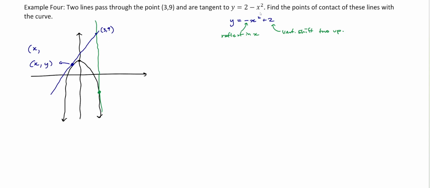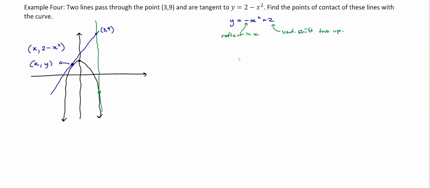Instead of writing y, I can just write 2 minus x squared, because that's what y is on this parabola. If I want to find a point on the parabola, I sub in an x value, and it will generate that y value. So my y for this parabola is just 2 minus x squared.